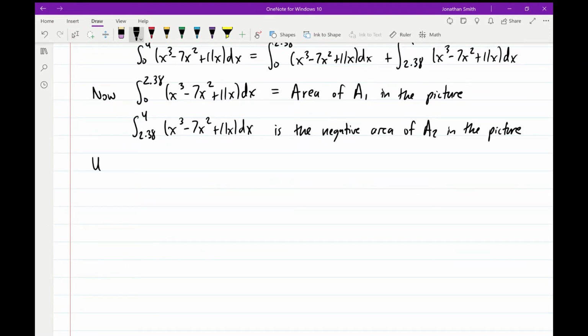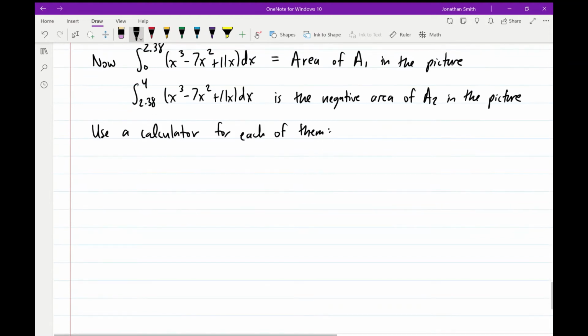Okay, now we can use a calculator for each of them. And instead of going over to Desmos, if you want to calculate it for yourself, just pause the video, you're welcome to, but I'll tell you what you end up getting.